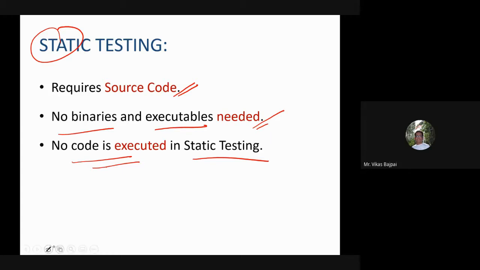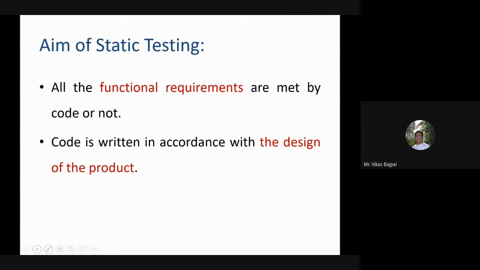So now let's see one by one all these things. Why do we need to go for static testing? Here, since it's manual, this point is to be noted. This is something which is manual. What we do is we look for whether all the functional requirements are met by the code or not, and whether the code is written in accordance with the design of the product or not.